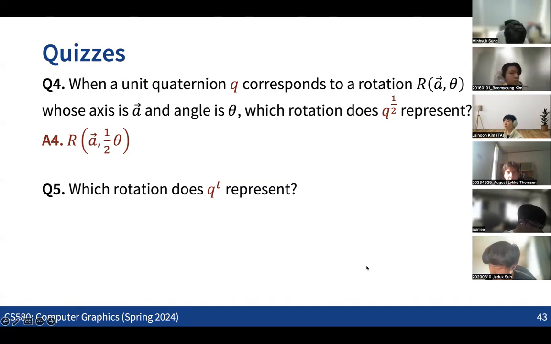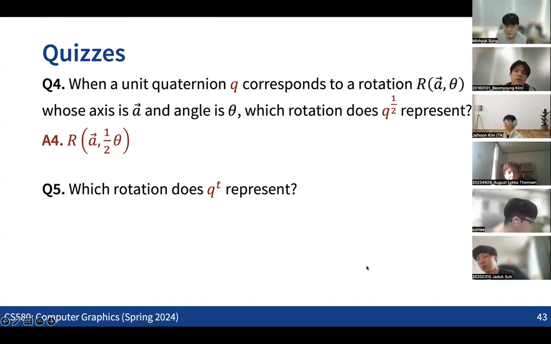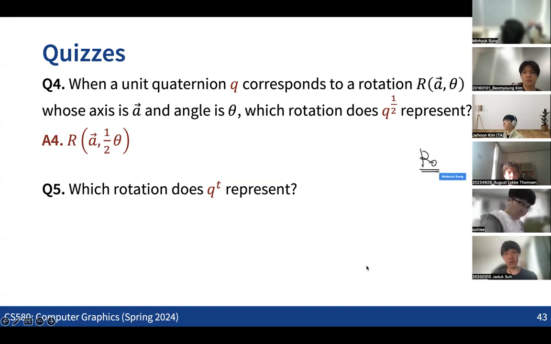So from this, one of the applications of all these 3D rotations and rigid transformations is making animation, right? Let's say we have the rotation R0, a 3x3 matrix, and also R1.